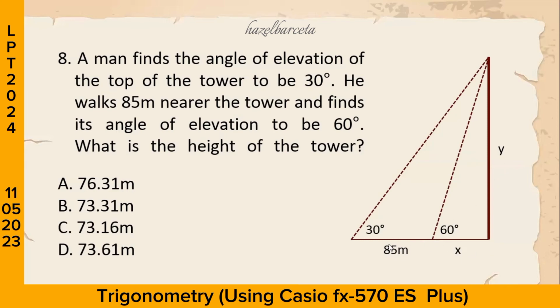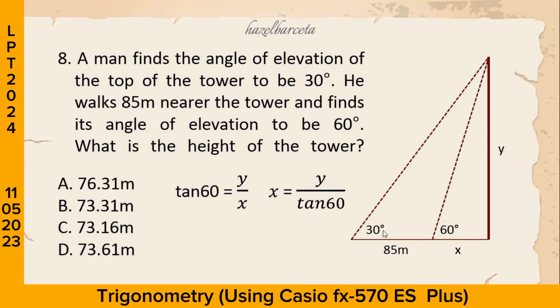Nakadepende po sa ating given at sa hinahanap. Okay, so tangent 60. Ito po ang ating triangle. Tangent 60 is equal to opposite over adjacent. Therefore, x is equal to y over tangent 60.